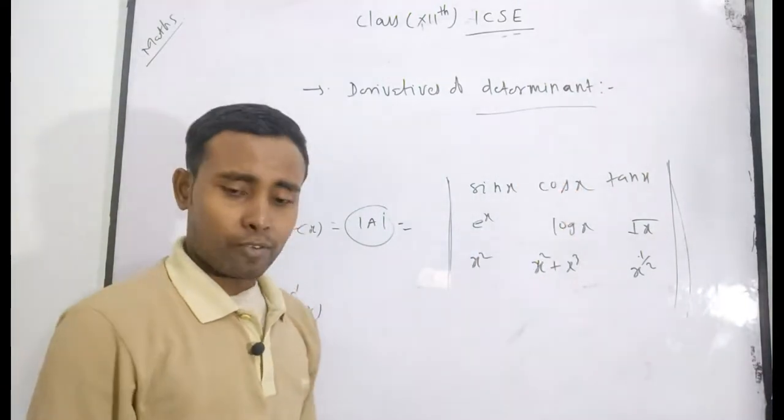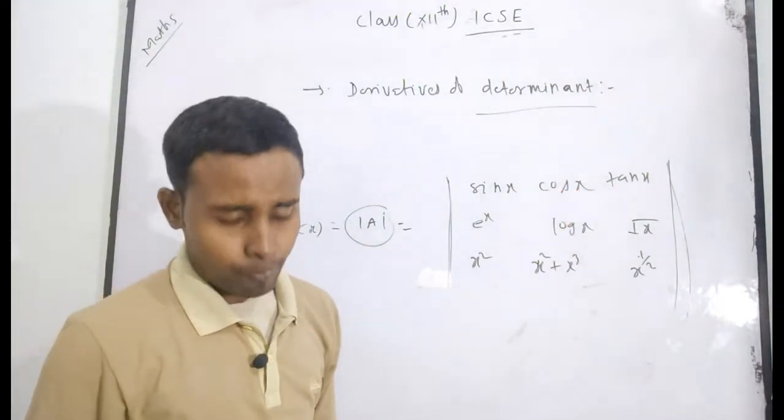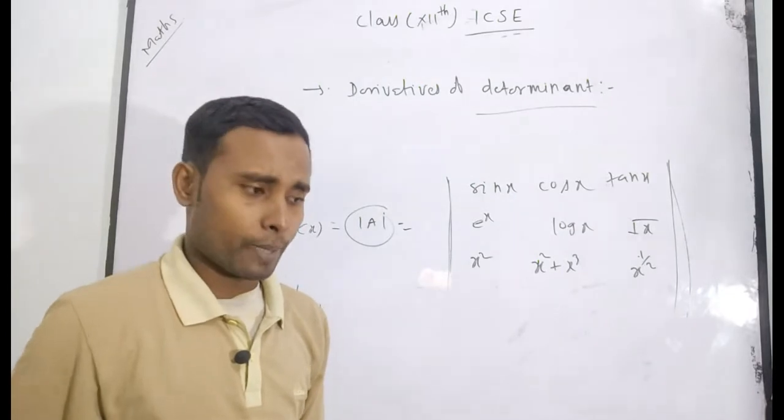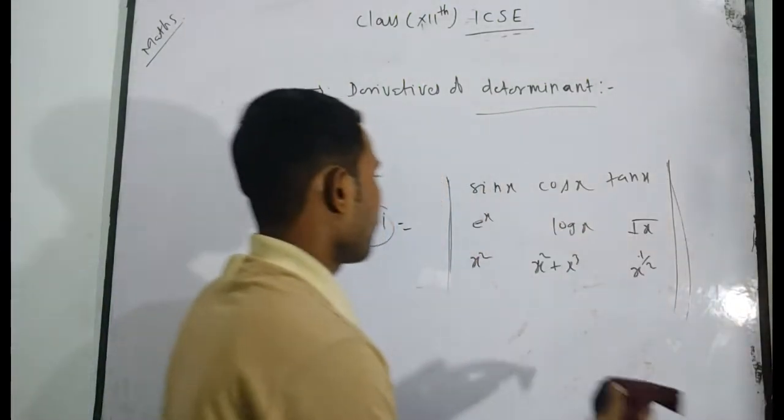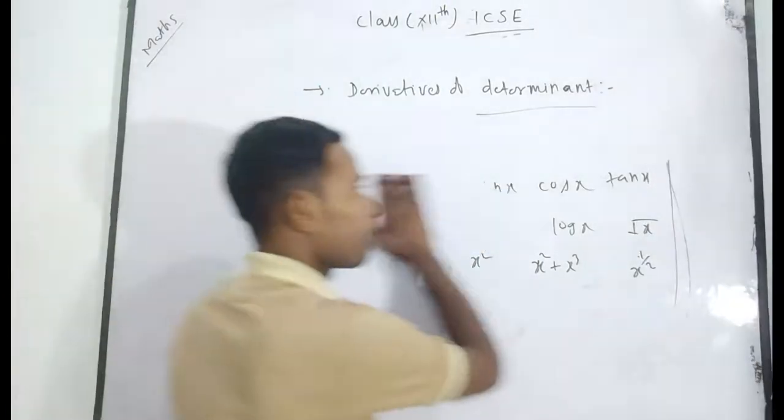I think you understand very well. Now I want to give you first the theoretical portion of it. Thereafter I will take a relevant problem which is also present in your books.